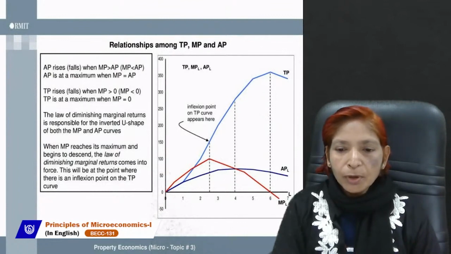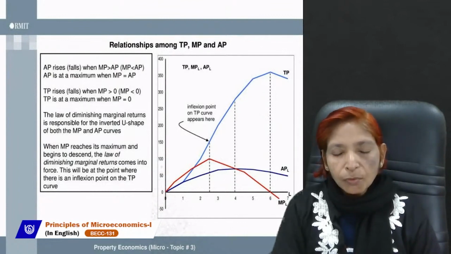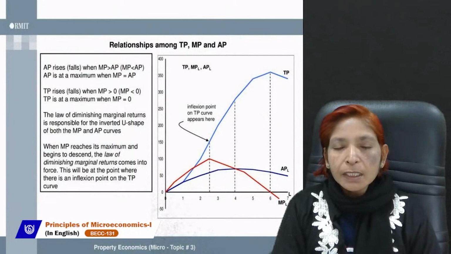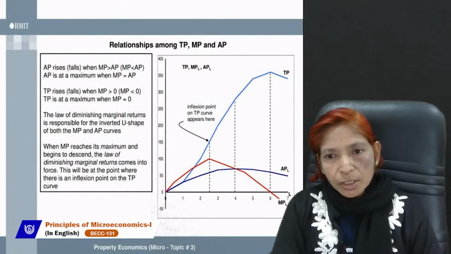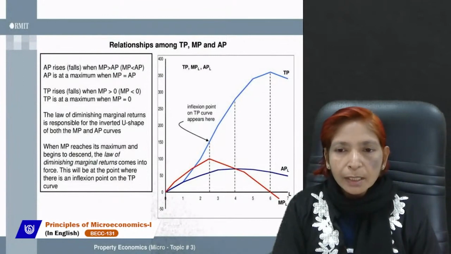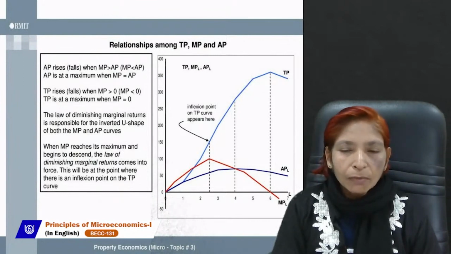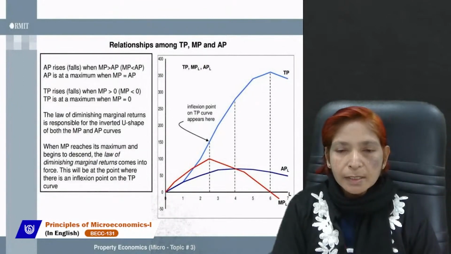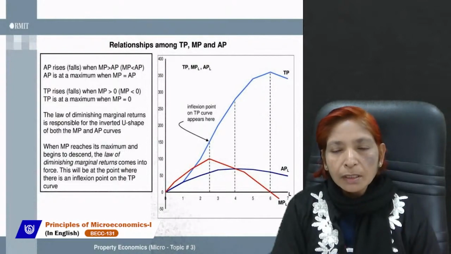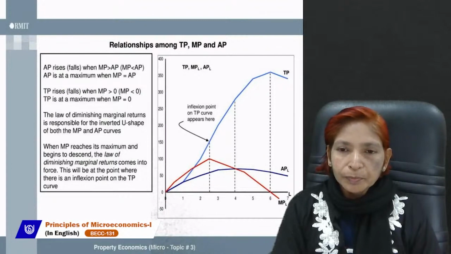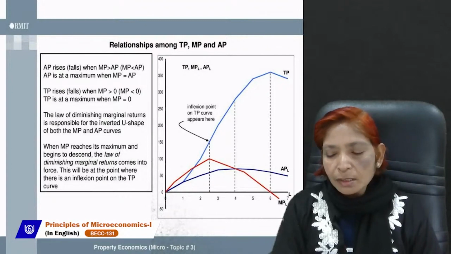Here three stages of production are showing. One is increasing returns to a factor, in which case total product, average product and marginal product all will increase. In the second stage of production, TP will become maximum and MP will become 0. And in the third stage, when TP starts falling, MP becomes negative.